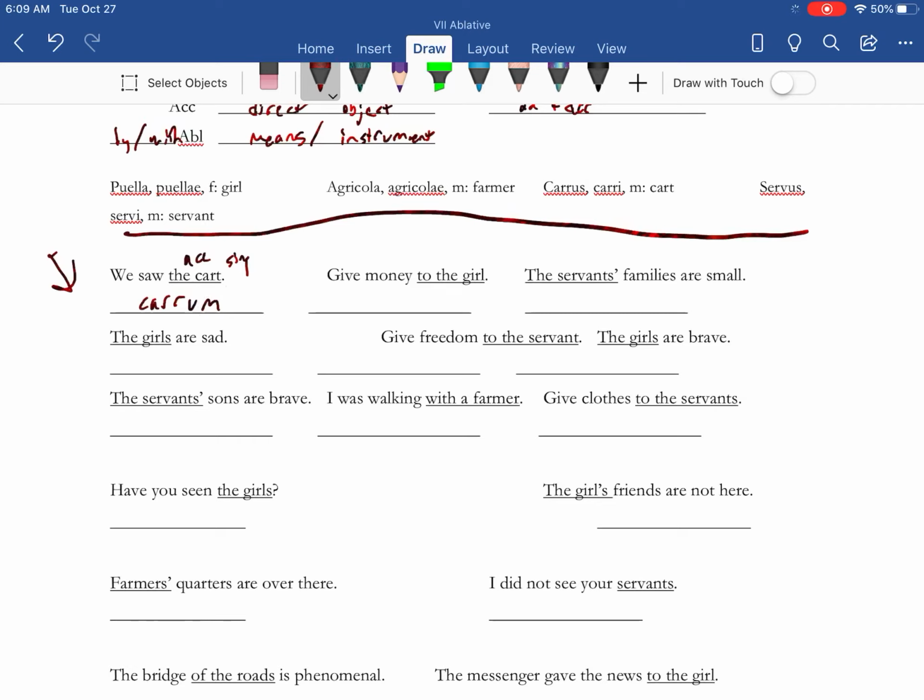Give money to the girl. The girl is receiving the direct object, making her the indirect object, which is dative singular. So the A, dative singular, is going to become an AE. Servants, this is going to be genitive. And since the apostrophe is on the right side, it's going to be plural.